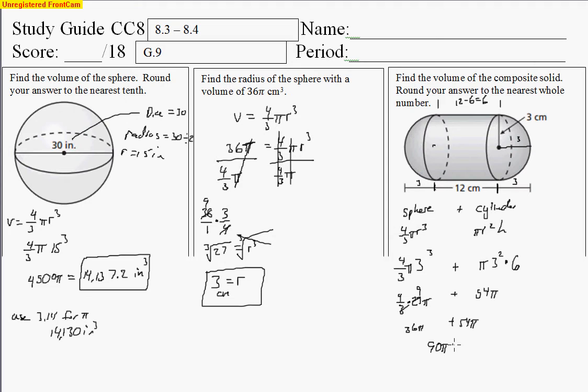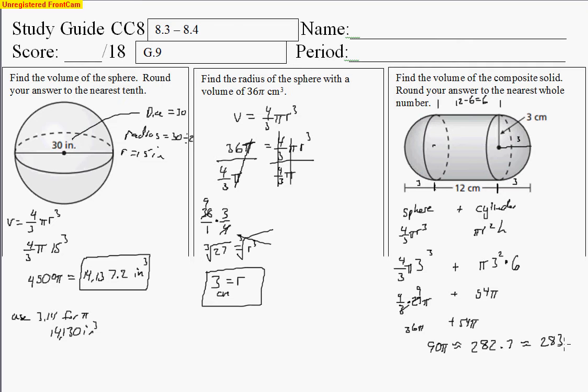And so now I can go ahead and use the pi button on the calculator, and that gives me 282 and 7/10. And they want me to round to the nearest whole number, so that's going to end up being 283.